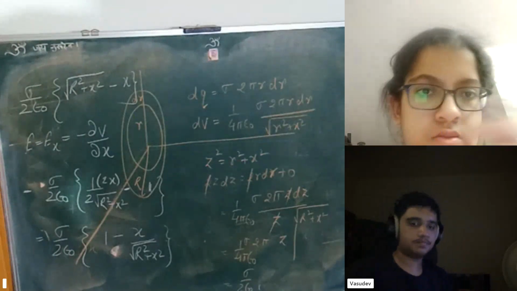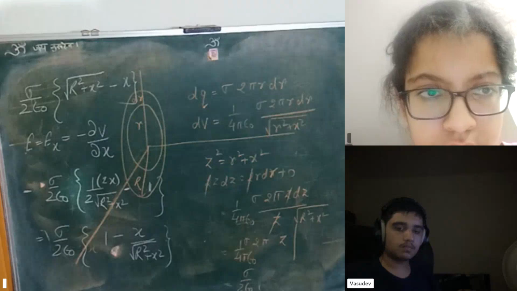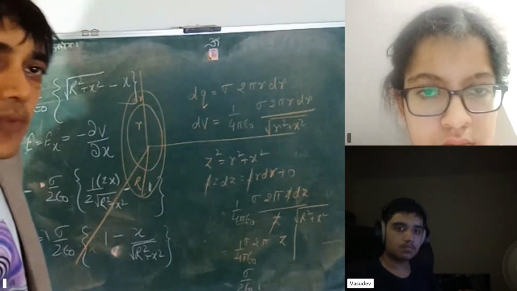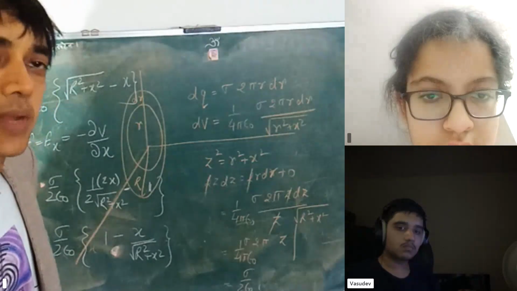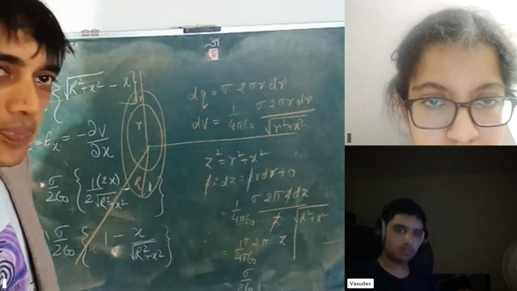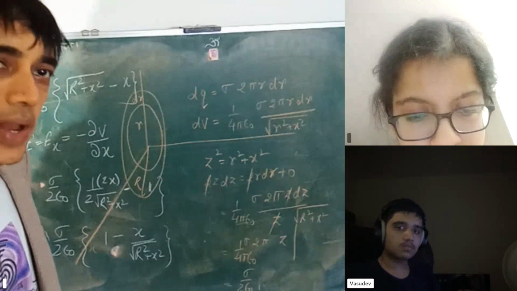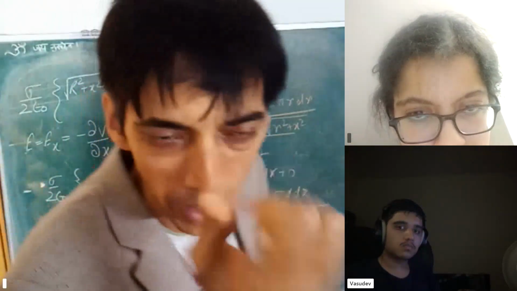This is the field equation, correct? If capital R is very large, if you have an infinitely spread sheet, then it reduces to sigma divided by twice epsilon naught. Either the sheet is infinite or you are very close to it. If you are very close, you will not be able to see the edges.